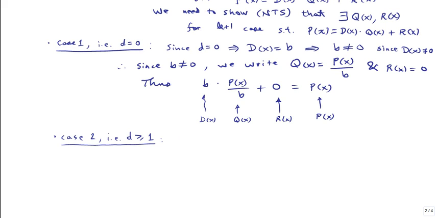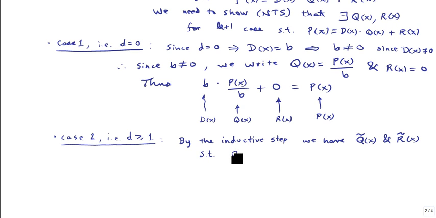By the inductive step, we have a Q tilde polynomial and an R tilde polynomial such that P tilde polynomial is equal to D times Q tilde plus R tilde.